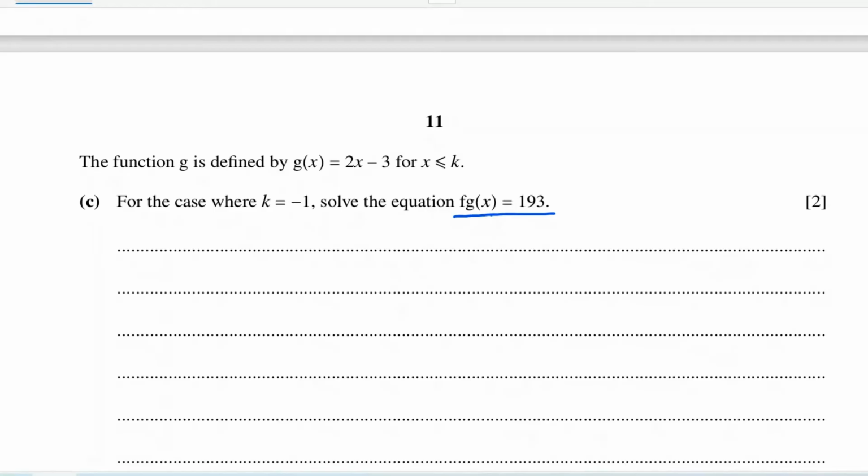So we have to substitute g of x in the function f. So we know f is 2 multiplied by (x plus 3) the whole squared minus 7. For x, substitute the value 2x minus 3, plus 3, the whole squared minus 7.